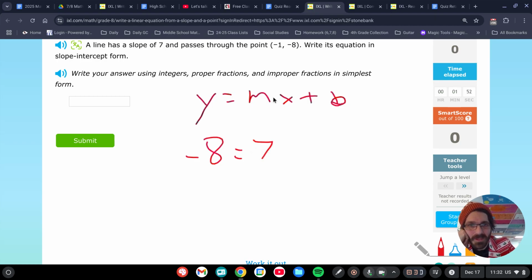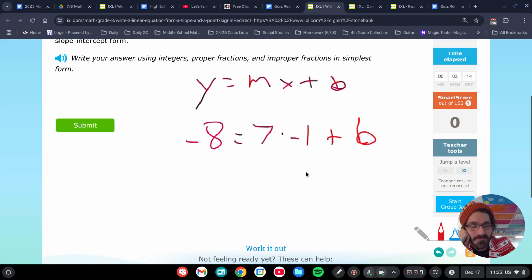And then I'm going to multiply that by x, which I'm getting from here, -1, plus b. We don't know what the y-intercept is yet, but we're going to find out by solving for b. So it looks like we have a multiplication to do here, and then we're going to balance the equation to get b by itself, solve for b.